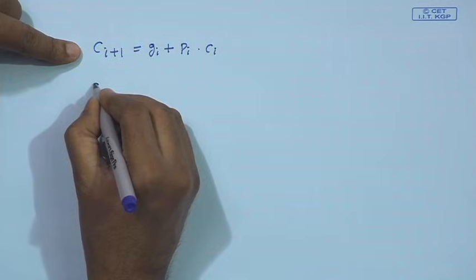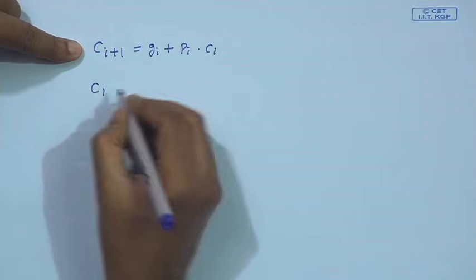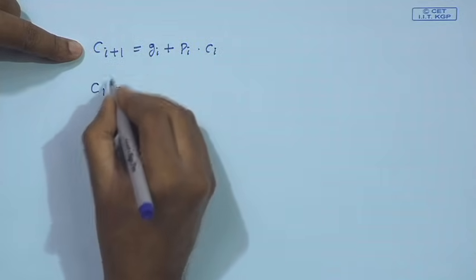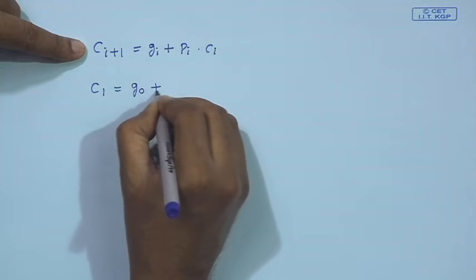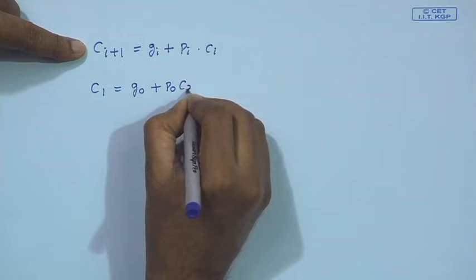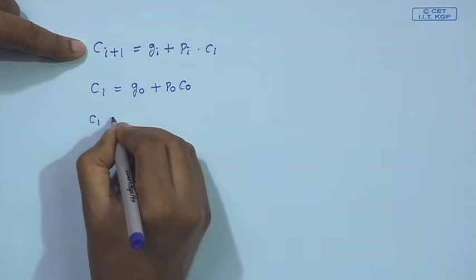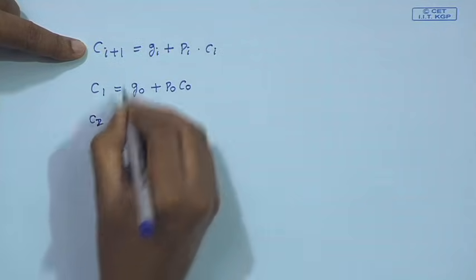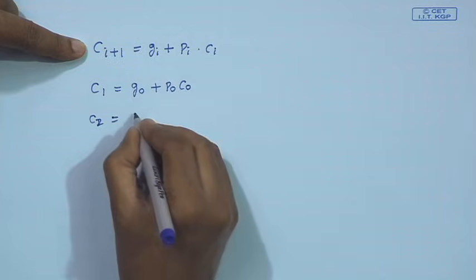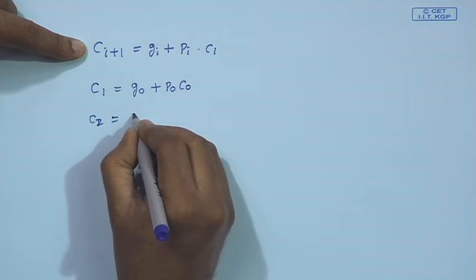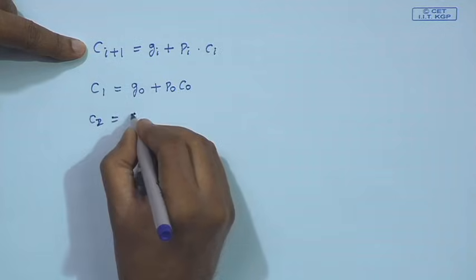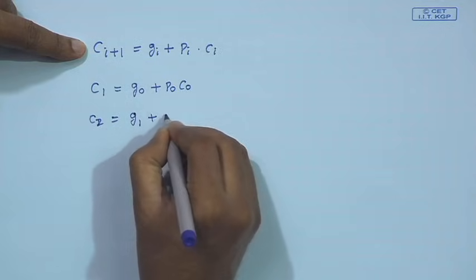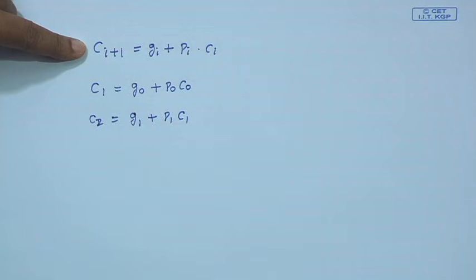So, you can generate the carry for the first stage c 1 as you just substitute i equal to 0, g 0 plus p 0 c 0. So, what will be c 2? You put i equal to 1. So, g 1 plus p 1 c 1, right.